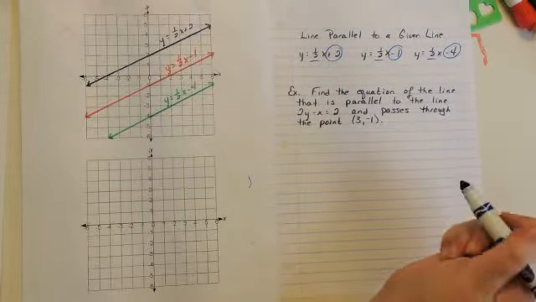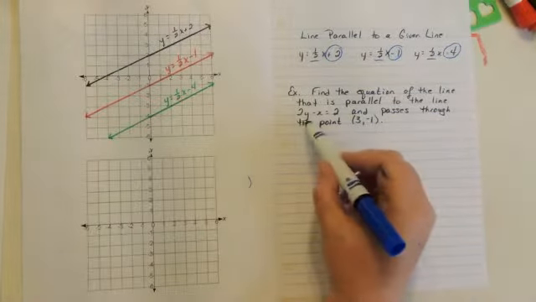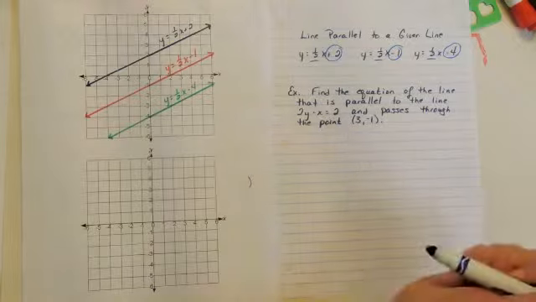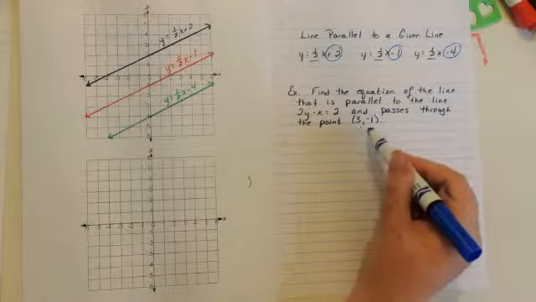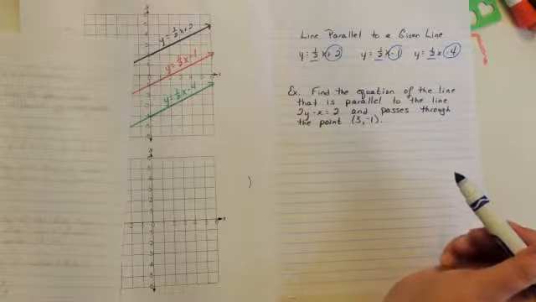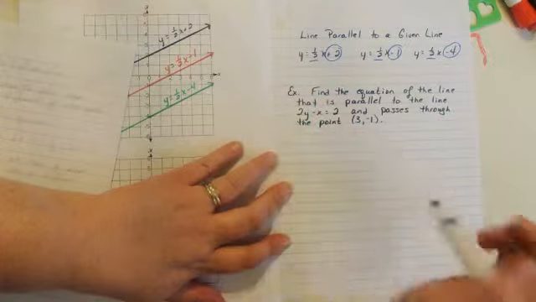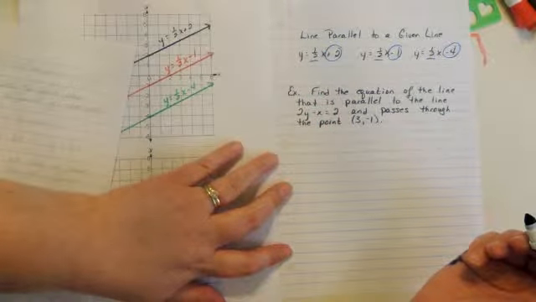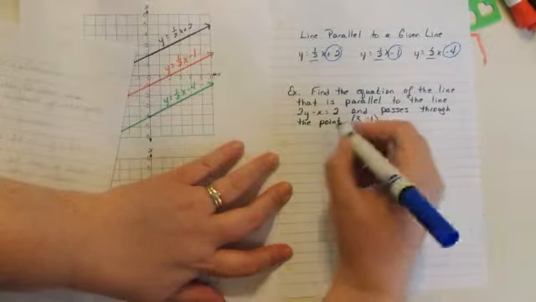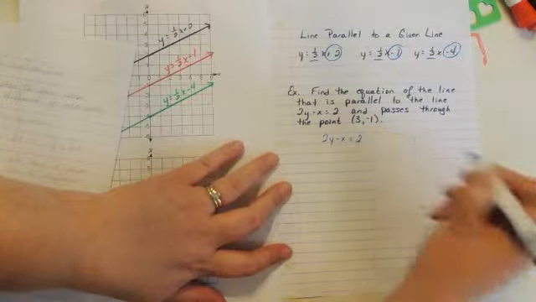So, here's our example. Find the equation of a line that is parallel to the line 2y minus x equals 2 and passes through the point 3 and -1. So we're going to start by writing this equation into the slope y-intercept format. So we have 2y minus x equals 2.